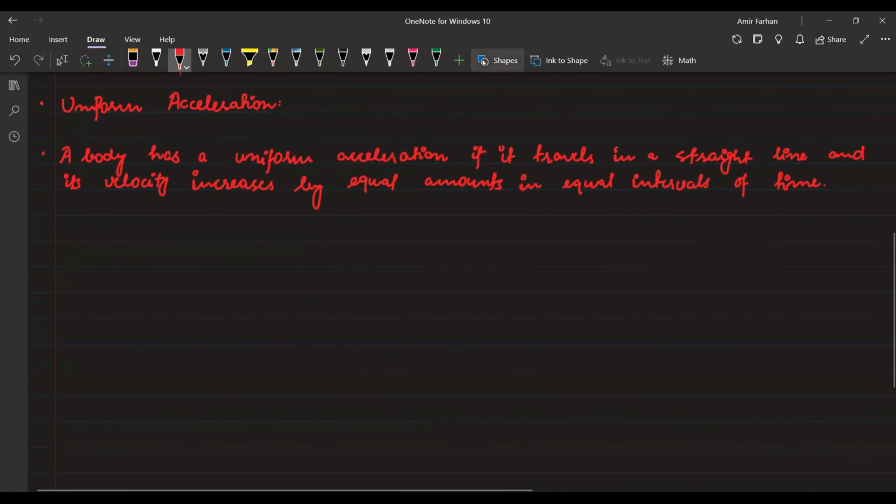So if I draw the graph, let's take an example first. Uniformly accelerated motions are those in which the acceleration is uniform across the journey. Suppose a body is falling from a height.